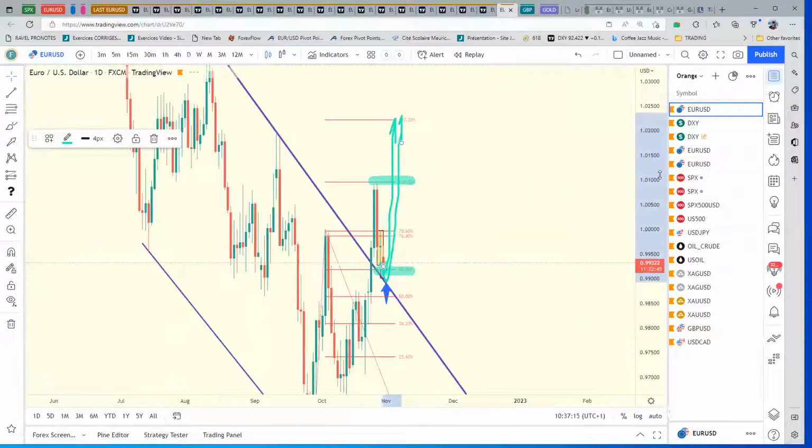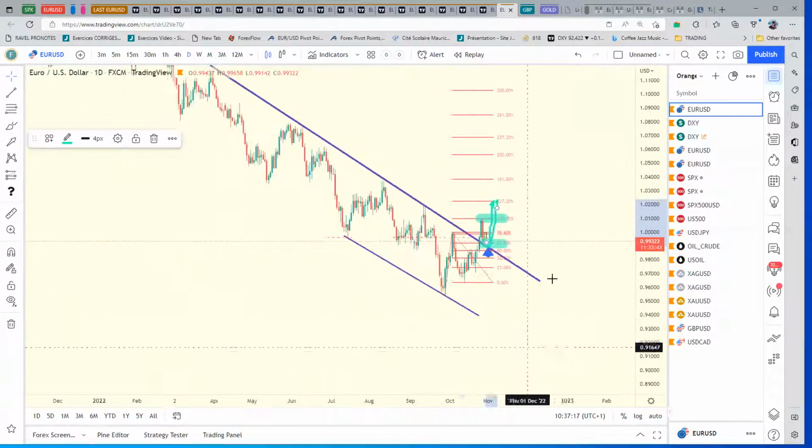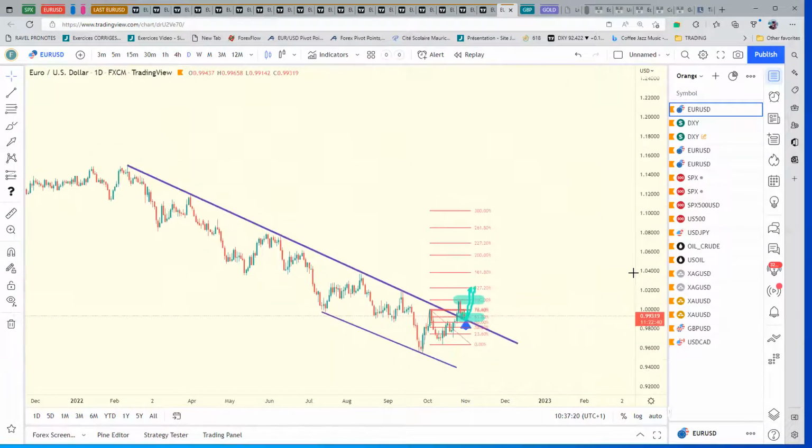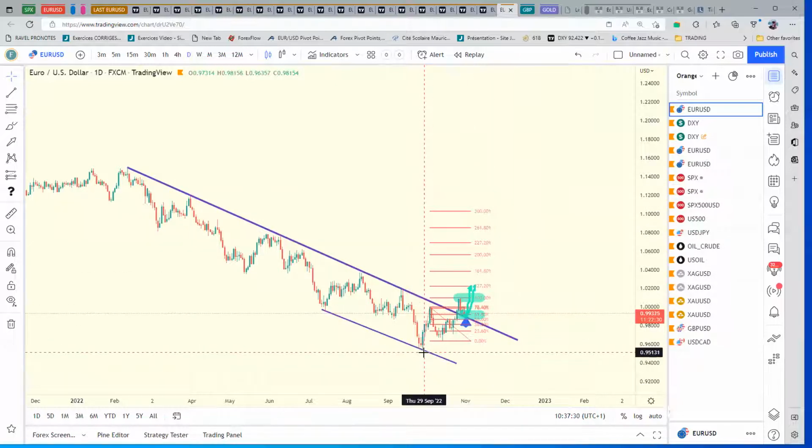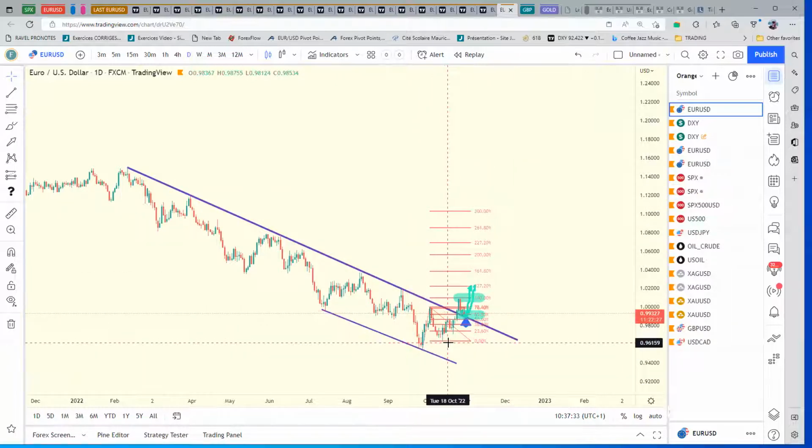What is very clear is if we get a weekly close above this trend line, then we have a nice support there, and we should unfold on the upside. We should see a move on the upside that would be really interesting to look at.